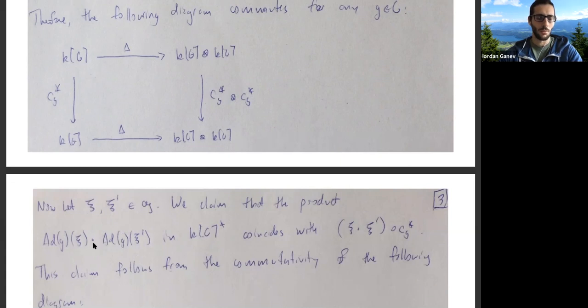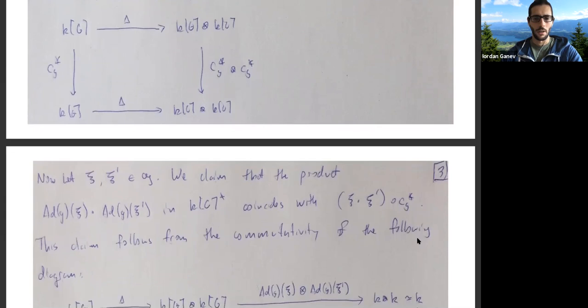So this product won't necessarily live in the Lie algebra, but it'll live in this bigger space, which is the dual space of the affine algebra. What we want to show is that this product in fact coincides with the following thing. It coincides with what we would have gotten if we just took their product before applying the adjoint action, and then composed and precomposed by CG star.